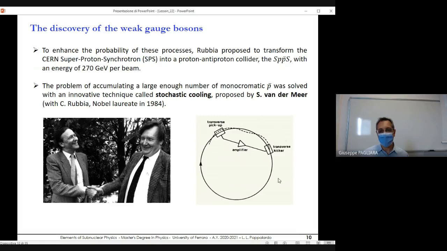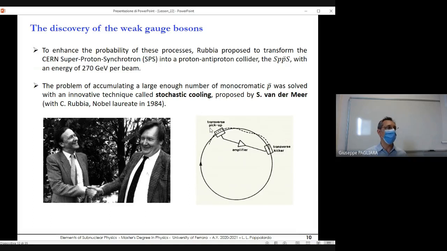Suppose there are antiprotons running in this storage ring. They are stored, maybe already packed into bunches, but the momentum spread is very large. There is essentially a pair of detectors in two different places around the orbit of the antiprotons, and these detectors stochastically pick up some of the antiprotons in the beam.